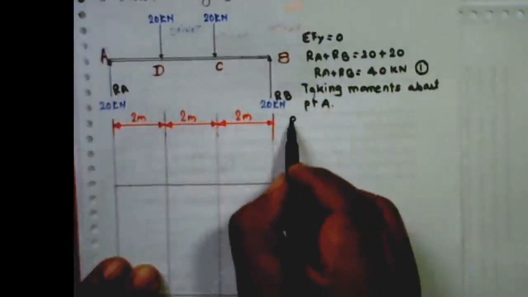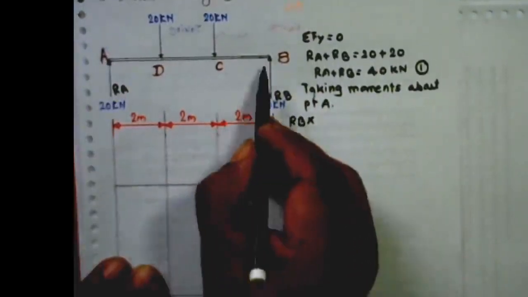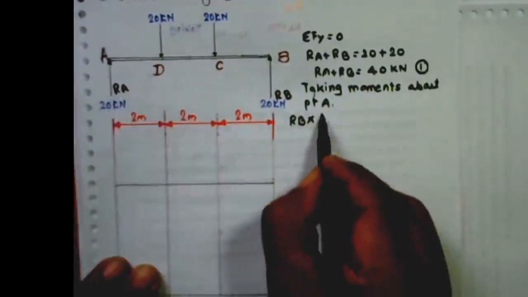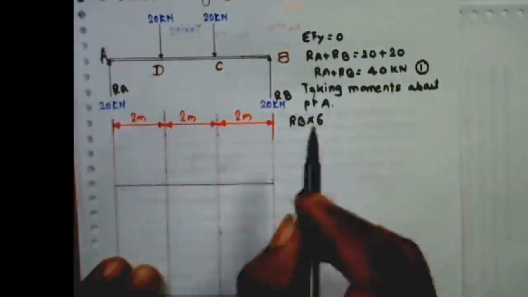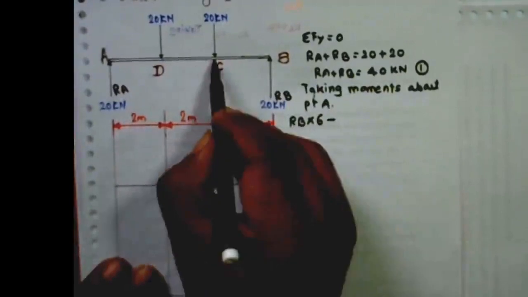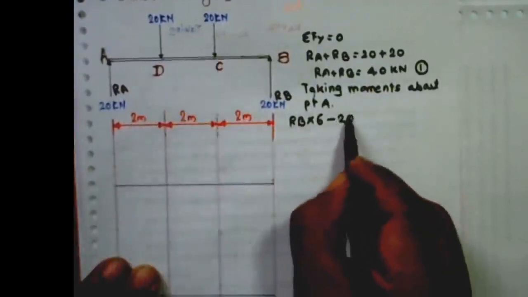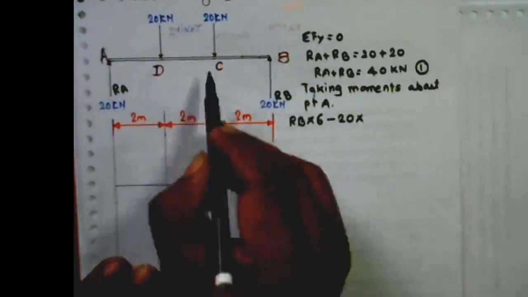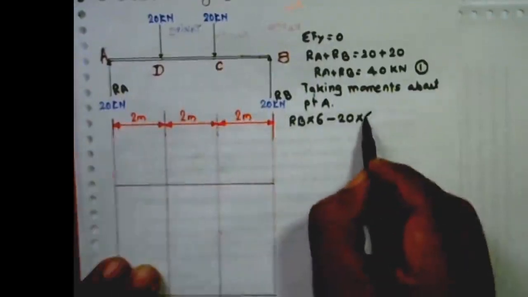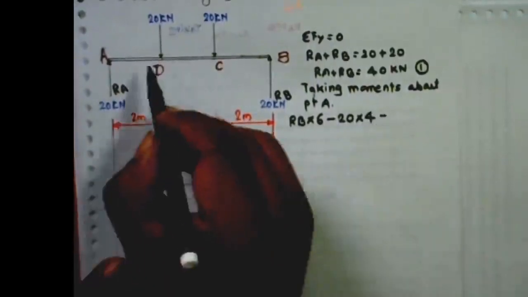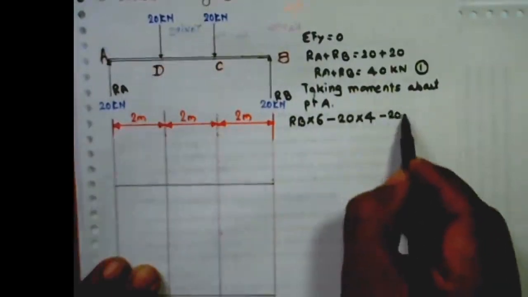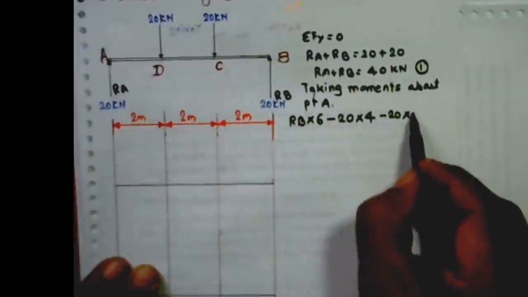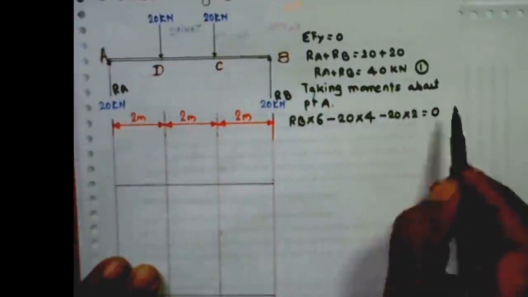RB into its distance up to point A, that is 6 meters, 2 plus 2 plus 2, minus the first force, 20 kilonewton, which is acting on the downward side. So sign convention here is minus 20 into its distance up to point A, that is 4, minus another 20 into its distance up to point A, which is 2, is equal to 0.